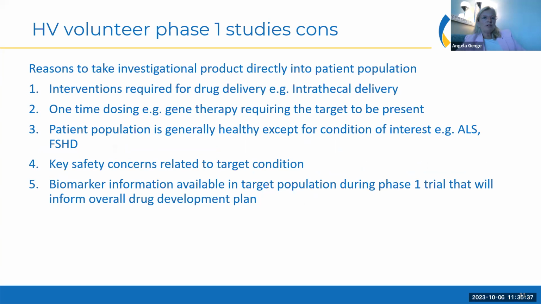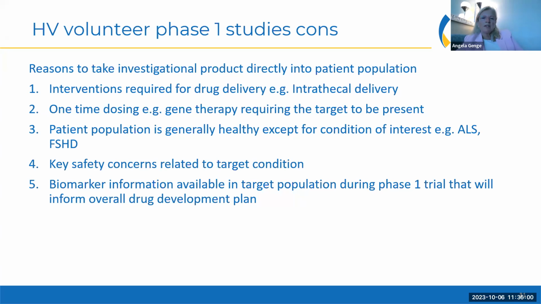So why would you make the opposite decision? Why would you make the decision to go straight to patients in a phase 1 study? I think the most direct reason that we're currently using to justify our novel therapeutics in ALS is the type of intervention required for drug delivery.